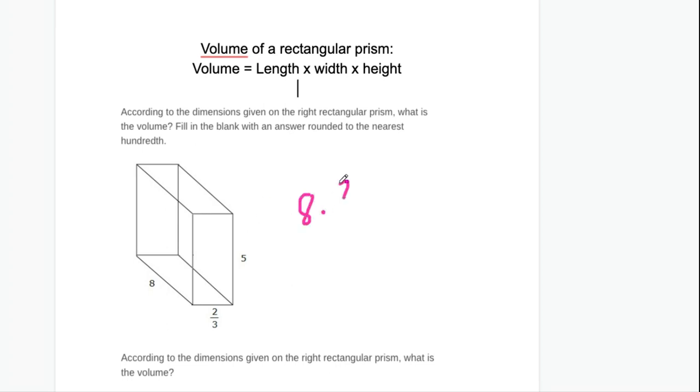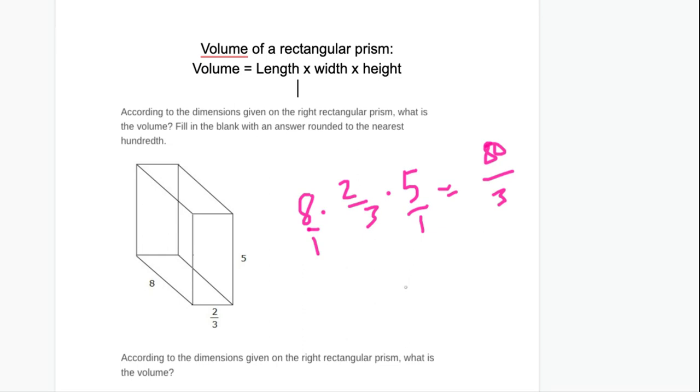I'm going to multiply 8 times 2/3 times 5. You can use a calculator as well, but if I was not using a calculator, 8 times 2 is 16, and 16 times 5 is 80. 1 times 3 times 1 is 3.